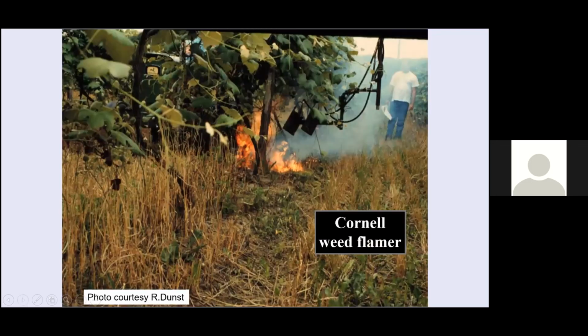Here it is in action, being used in a high wire Concord vineyard. I love this slide, it's great. These are provided, by the way, by my good friend Rick Dunst, who had been the farm manager of the Fredonia Vineyard Lab in Western New York. Very knowledgeable viticulturist and very good friend.